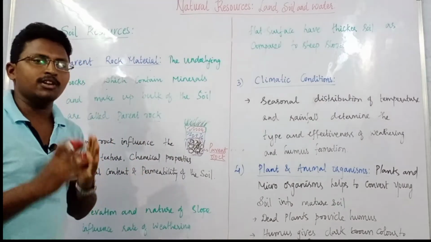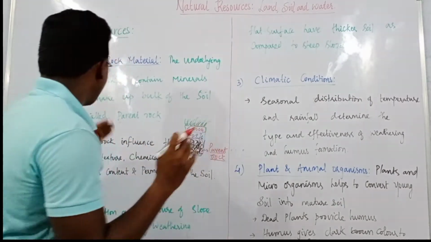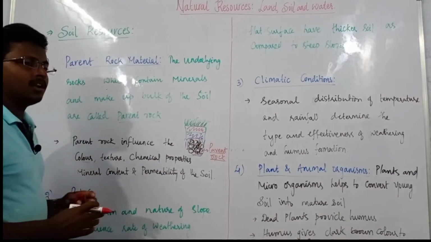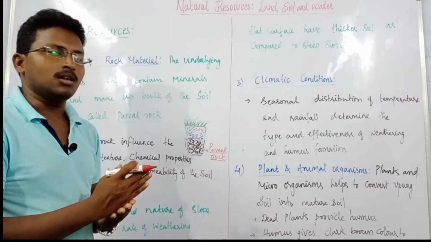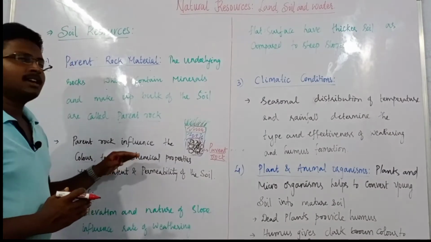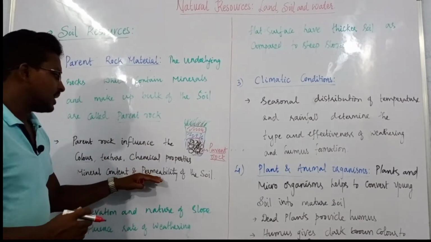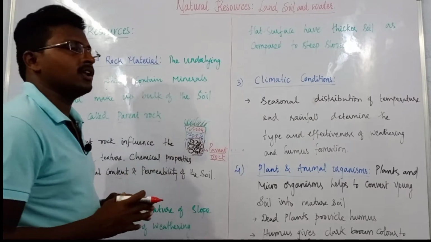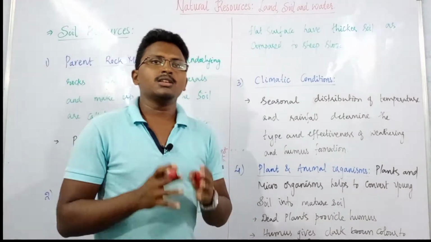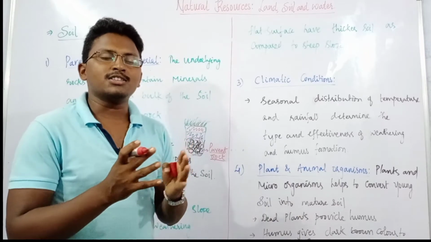And how it influences the formation of soil is that it influences the color of the soil. The parent rock decides the color of the soil, its texture, chemical properties and mineral content, as well as the permeability of the soil. Permeability means the property of the soil to transmit water into it.